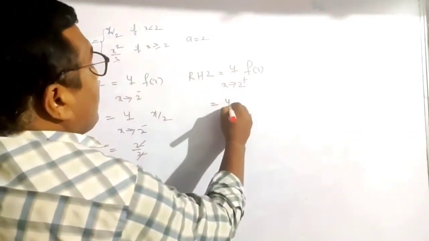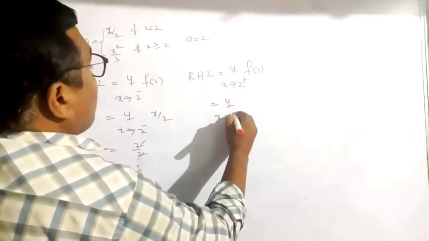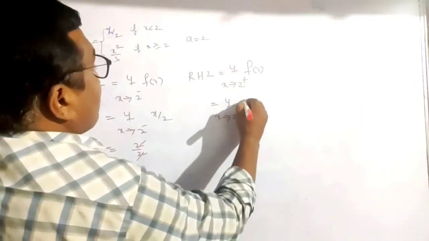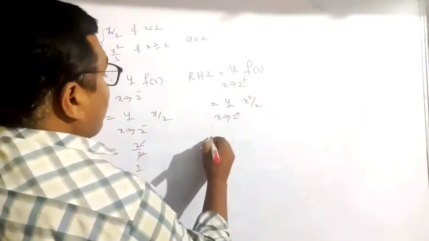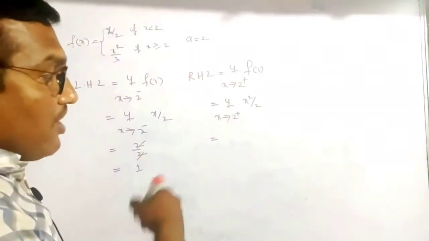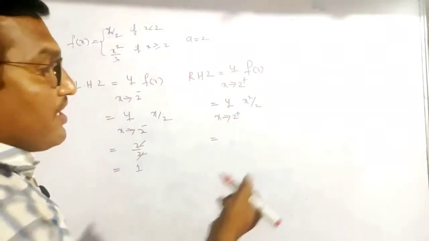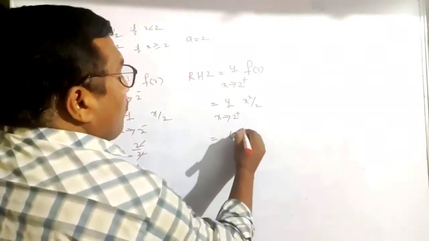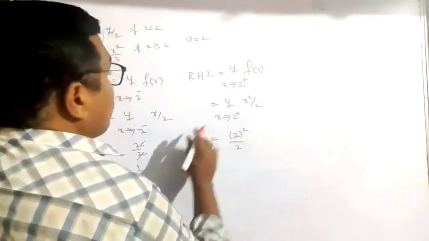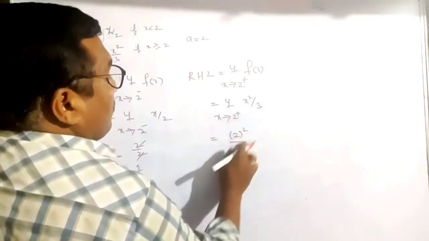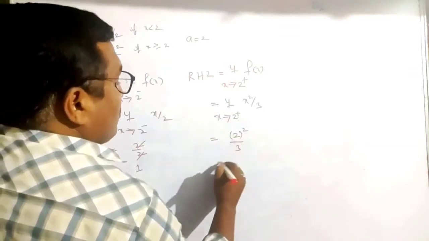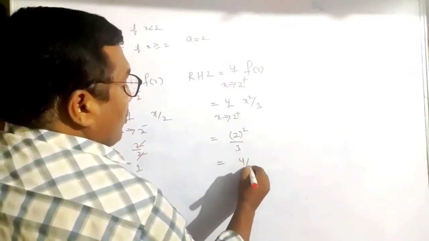Therefore the limit as x tends to 2 plus of x square by 3. Now apply the limit, write 2 in place of x. Therefore 2 square by 3 is equal to 4 by 3.